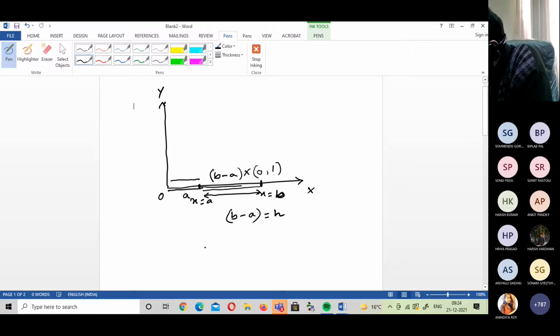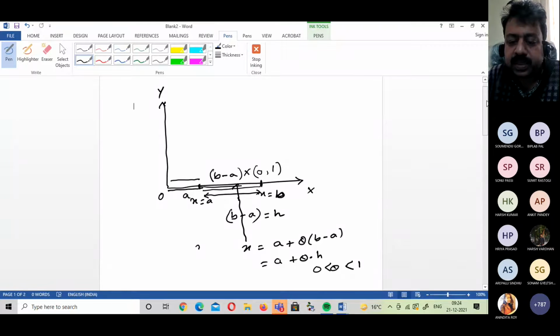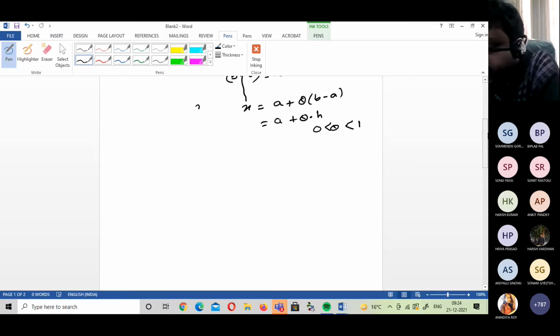So any intermediate point x can be represented as a plus theta times (b minus a), that is a plus theta h, as b minus a is h, where theta ranges between 0 and 1. Now you have to apply this concept for the solutions of different problems.